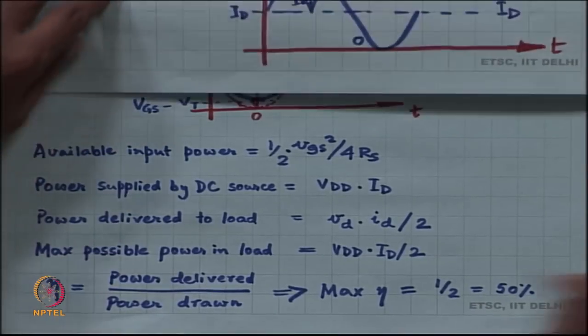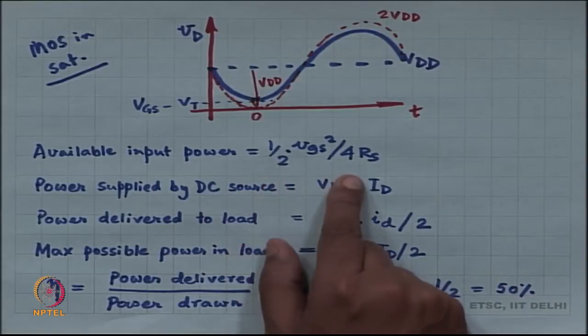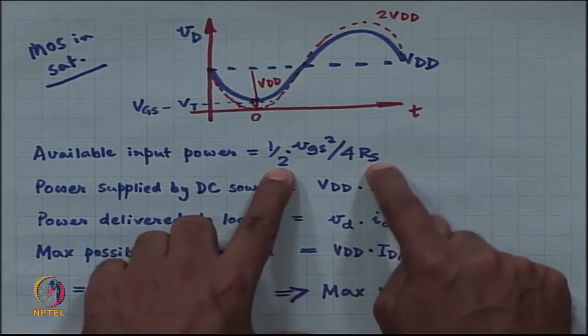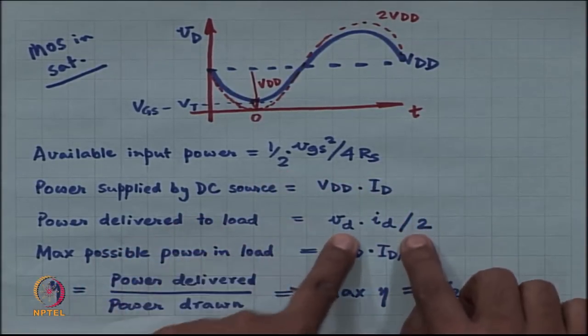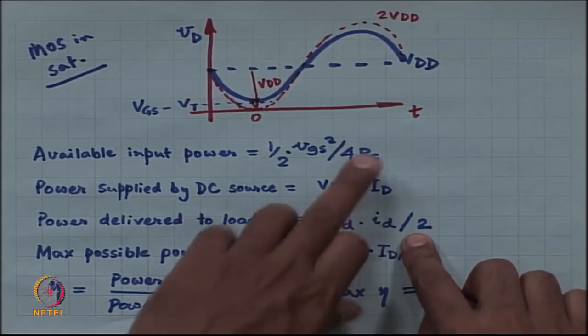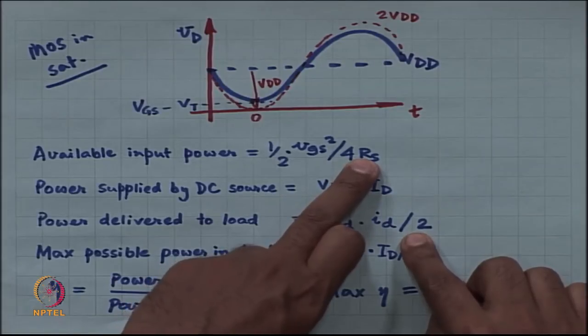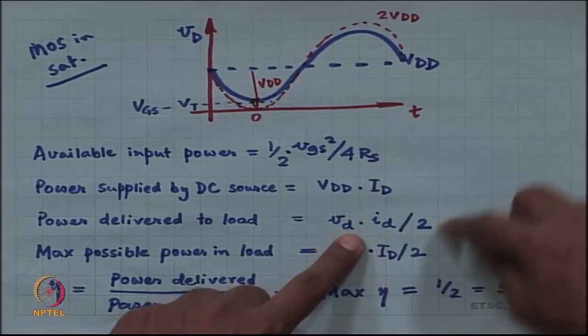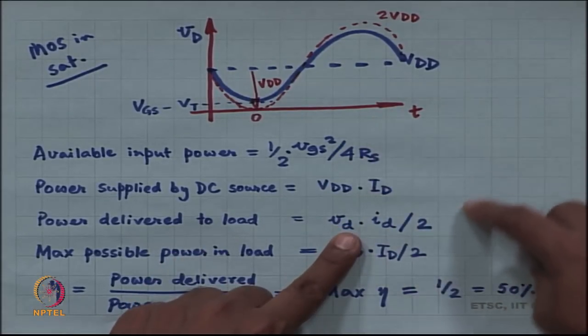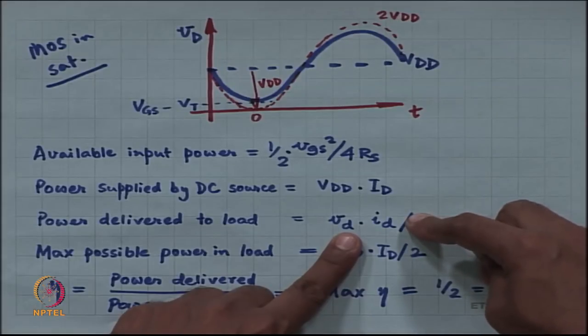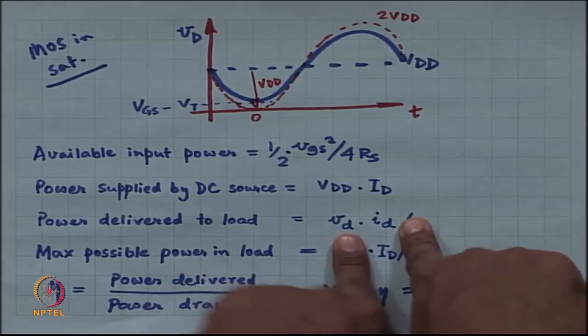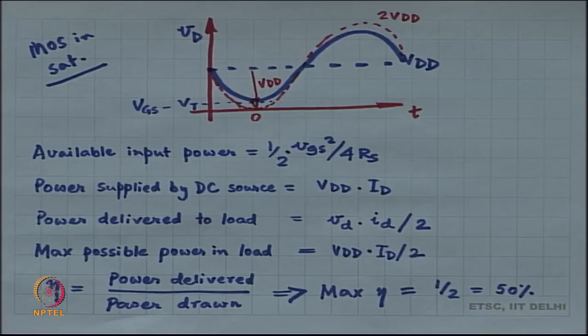What did we see? We first saw that the available input power was so much, but the power delivered to the load was so much. Okay. If RS is large, then I immediately can deliver a much larger power to the load than the original input source could have. Okay.